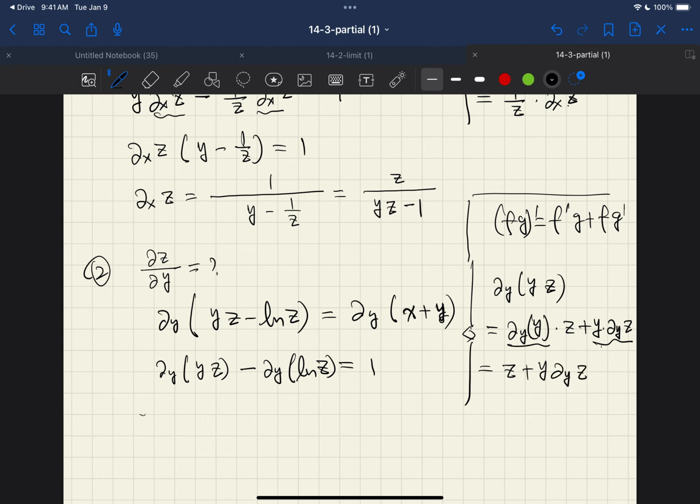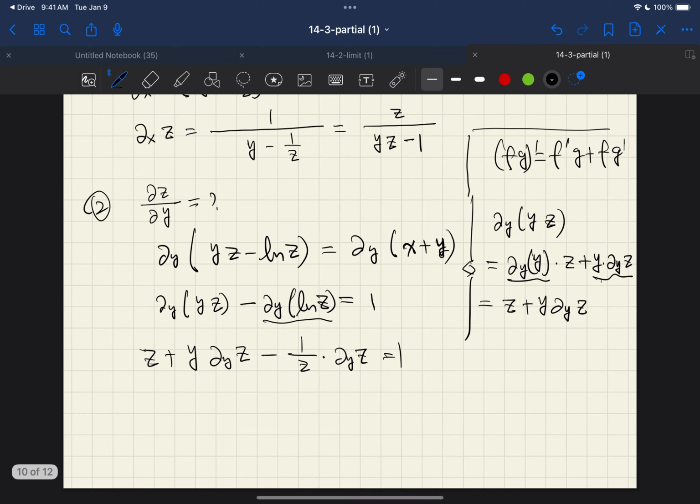So the first term becomes z plus y partial y z, minus, this is chain rule, 1 over z times partial y z, equals 1. And then from here, we can take out partial y z, and get y minus 1 over z.